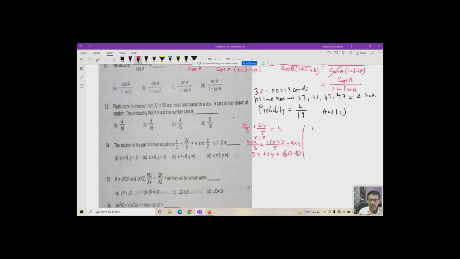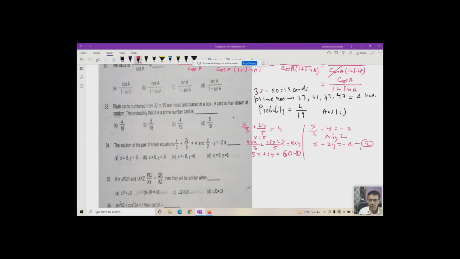And then the second equation is x divided by 2 minus y is equal to minus 2. I will multiply by 2 so that it becomes x minus 2y is equal to minus 4. Let me name this equation 2, and we solve these equations.